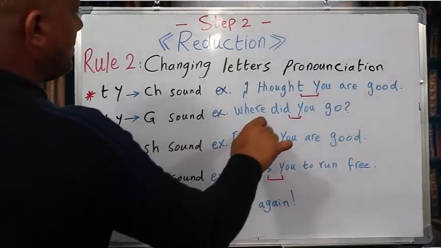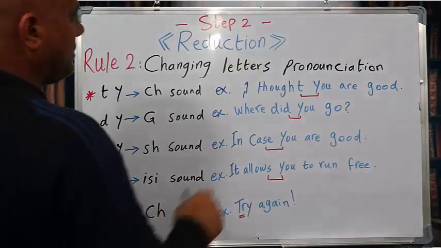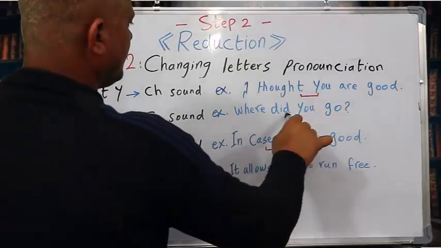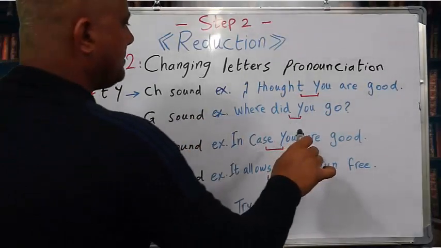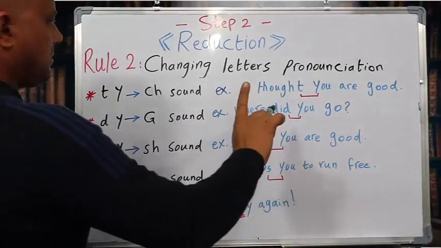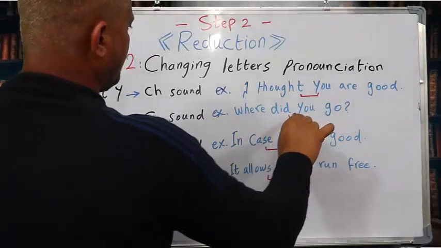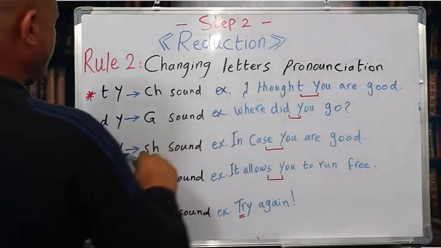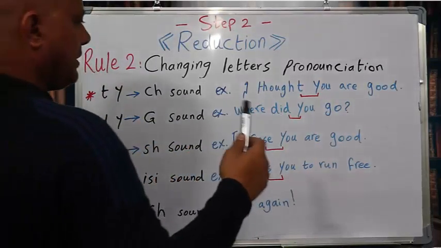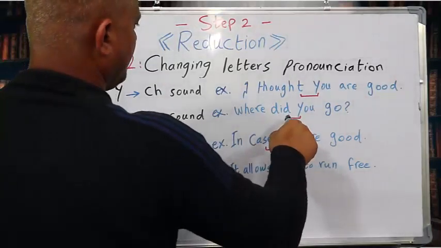For example, where did you go? Did you go? Where did you go? Not 'where did you go?' with no stops, it must be connected. Where did you? It sounds more English. Jew, when you say J.